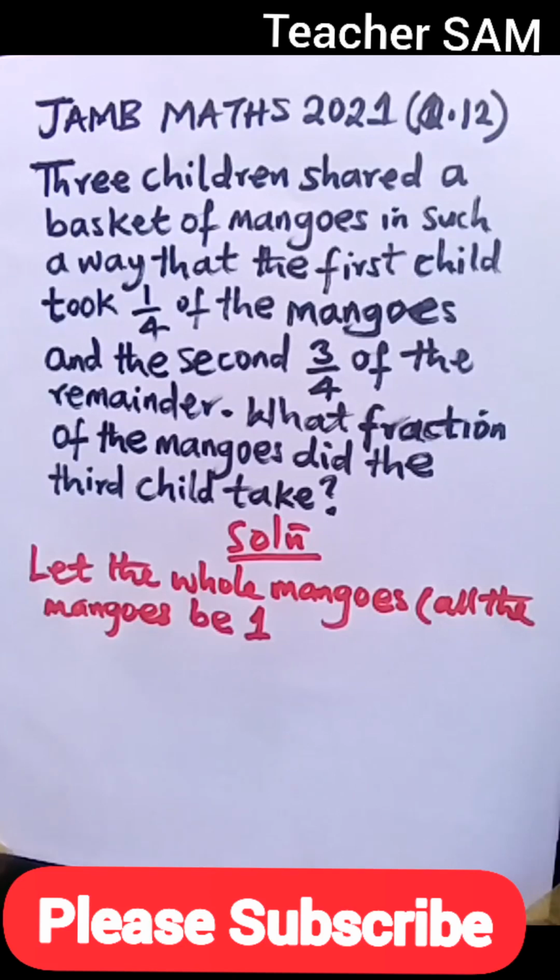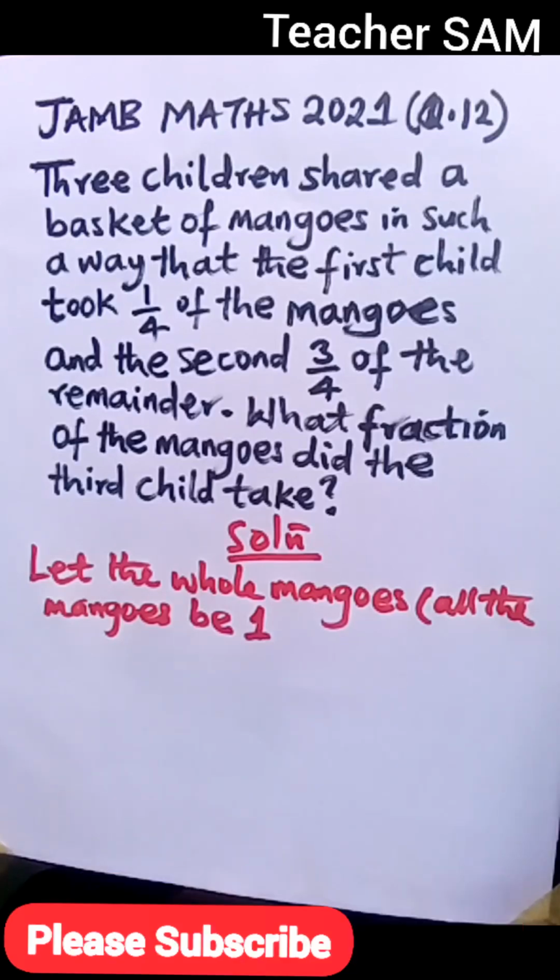Now, the first child takes 1/4 of the mangoes. So let's look at what the first child takes, and we'll look at what remains after that.